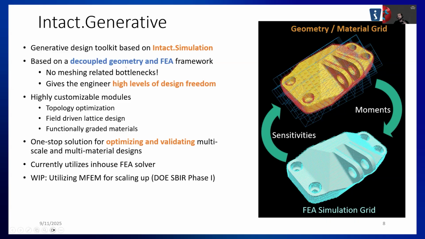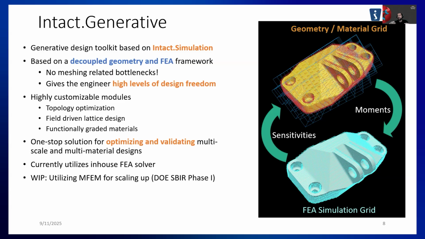So this decoupled geometry and FEA framework has two, I guess, advantages. You don't really need to worry about meshing, which means you get a high level of design freedom. What it means is you can use this framework to highly customize your optimization workflow. You can do topology optimization, you can do field-driven lattice design, you can do functionally graded material design, and it's just in one platform.